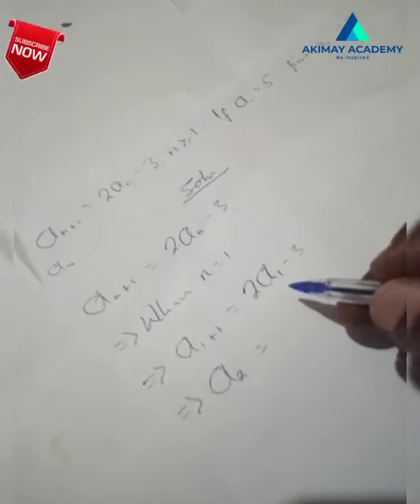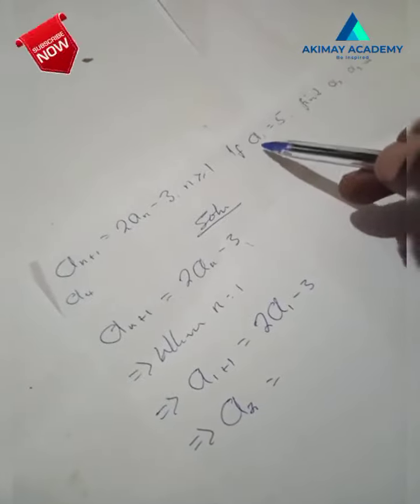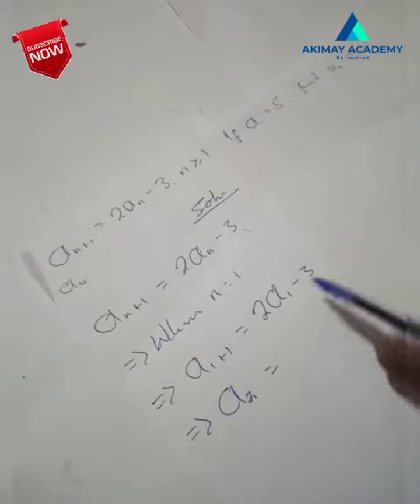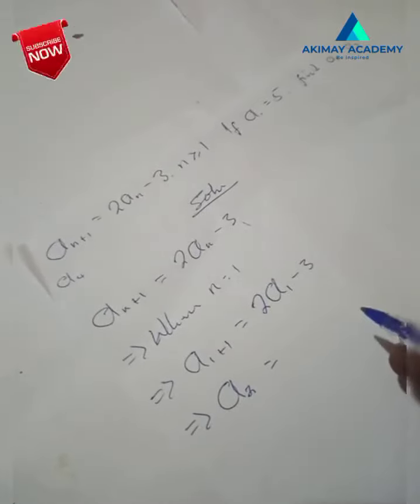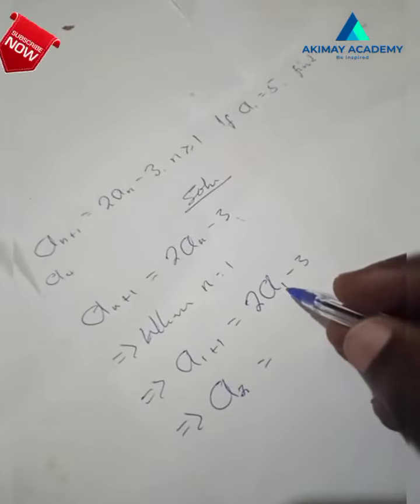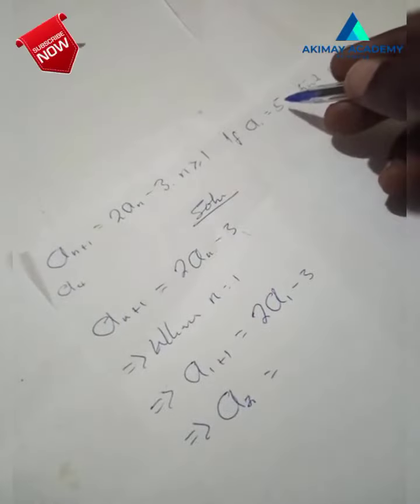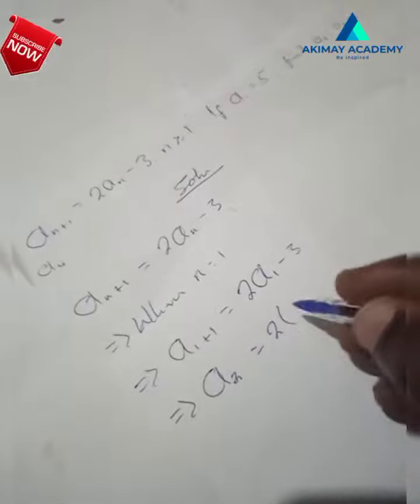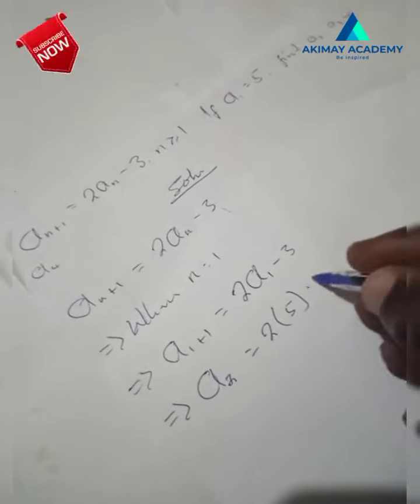equals, now if you look at the expression, they gave us a subscript 1, which is equal to 5. So wherever we see a subscript 1, we put our 5 there. So we have 2 multiplying 5 minus 3.